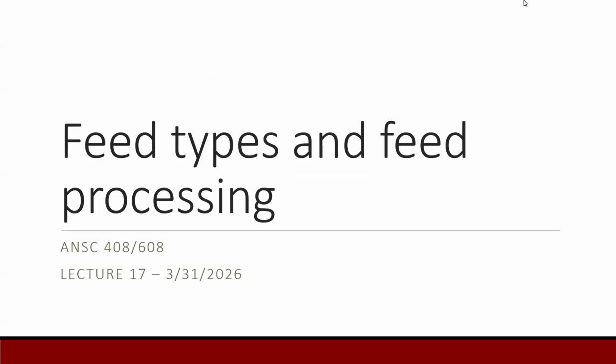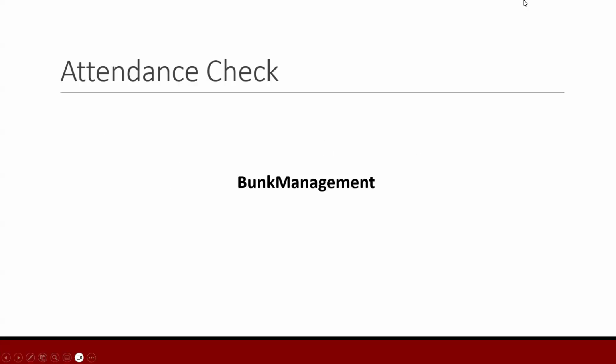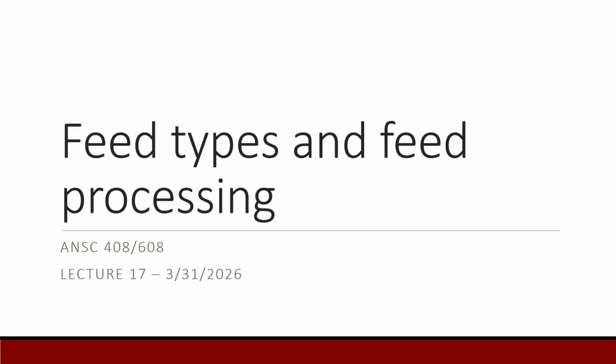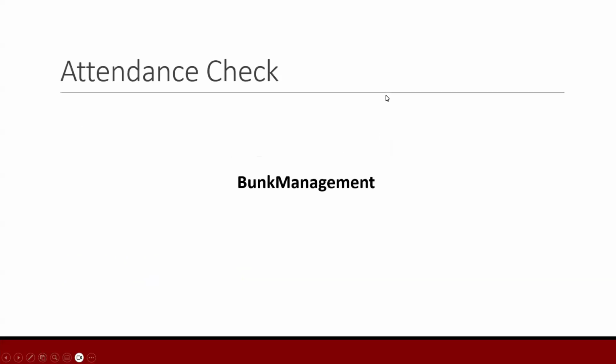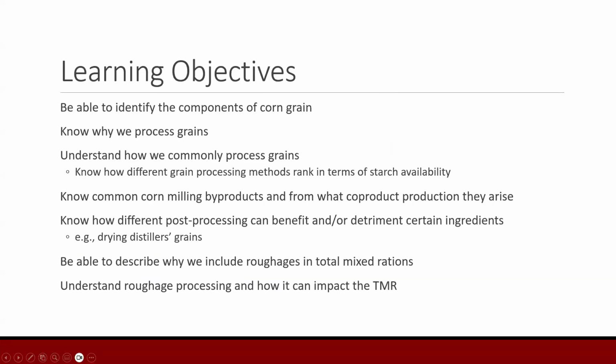All right, guys. So today we'll talk about feeds, feed types, importance of feed processing, mainly going to focus on grains and conserved forages, and then some byproduct feeds. I want you guys to be able to identify the different components of corn grain.